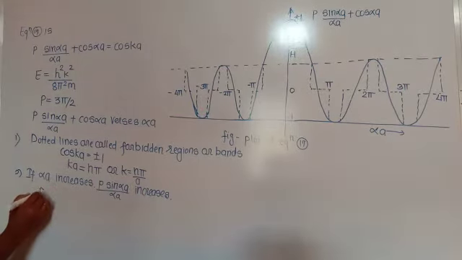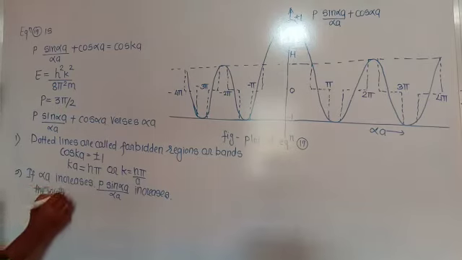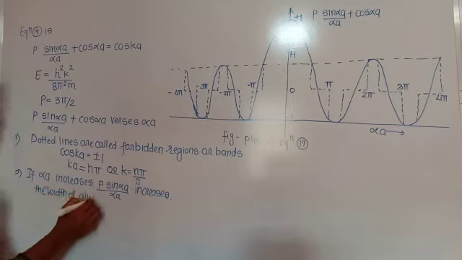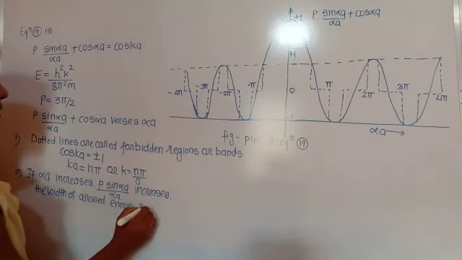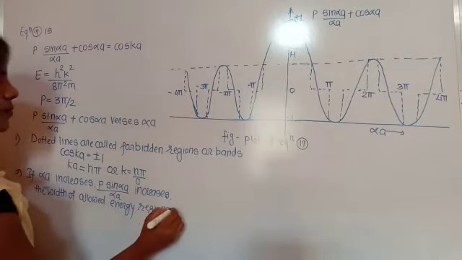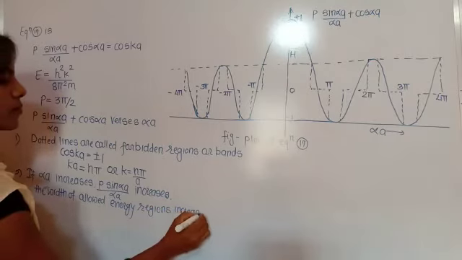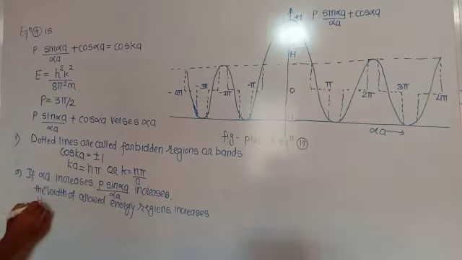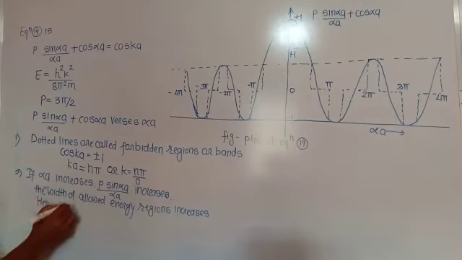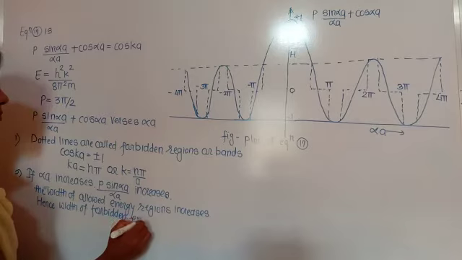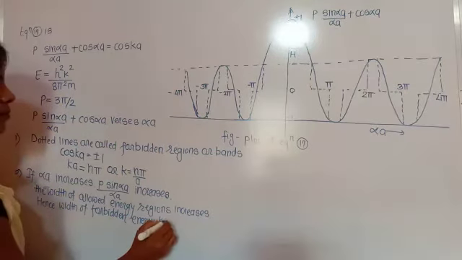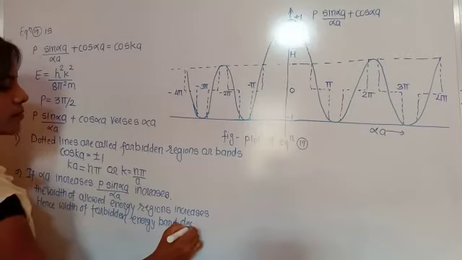Here the width of the allowed energy bands, the allowed energy regions, increases, hence the width of the forbidden energy band decreases.